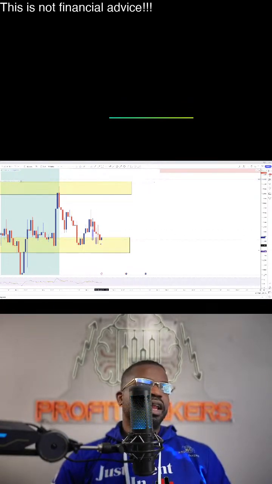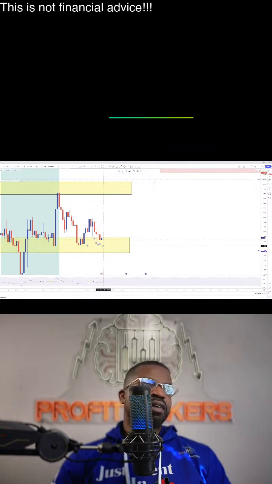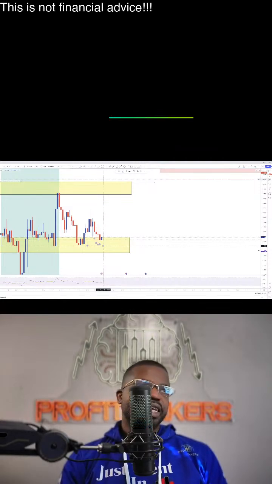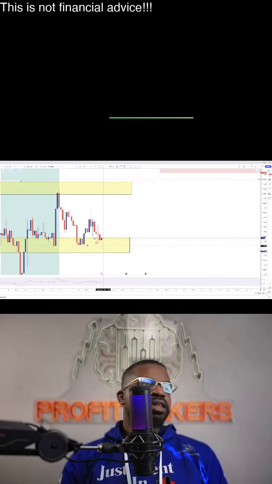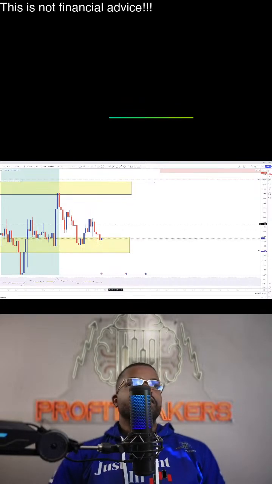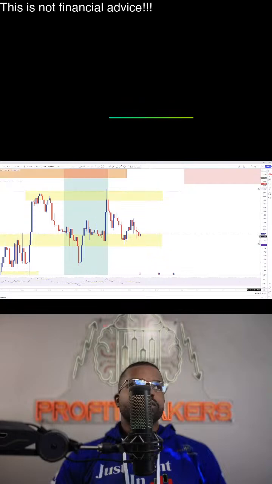Now you got how many wicks to retest that same area? One. That didn't make it. 2, 3, 4, 5, 6. This area is not strong anymore. So in seeing that, not a strong area of support anymore.